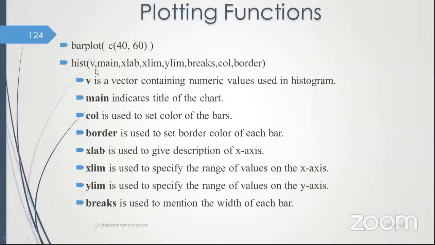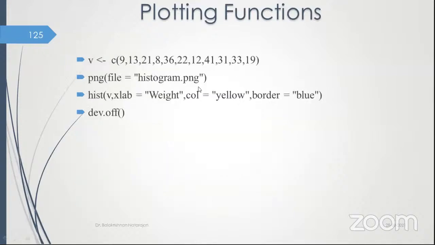V is a vector or data frame or whatever value you want to mention, you can mention the data and give it the title. Xlab gives the x-axis label, and the limits specify the range of values of x and y. If you want to introduce some breaks in between, you can mention that. And colors, and if you want to have the border of that, you can mention that. And this constructs that.